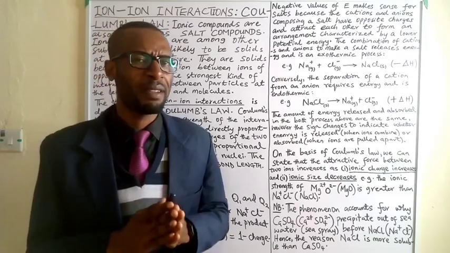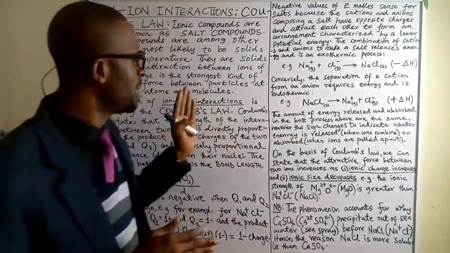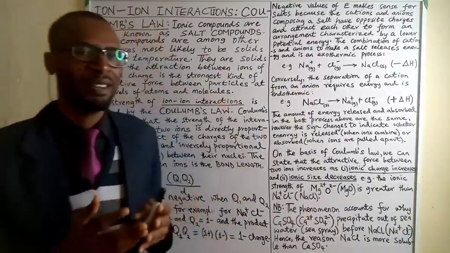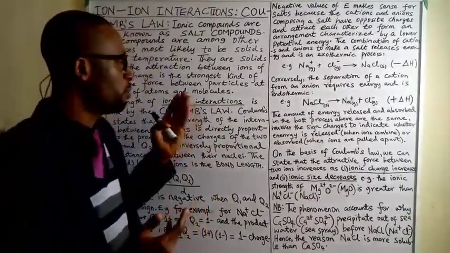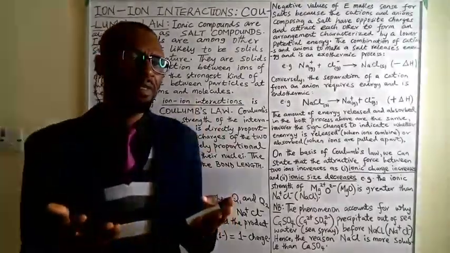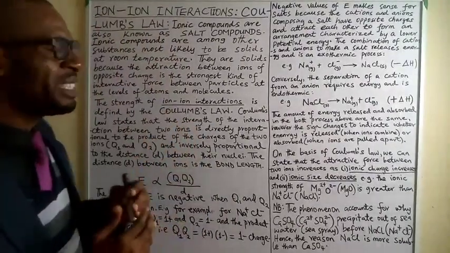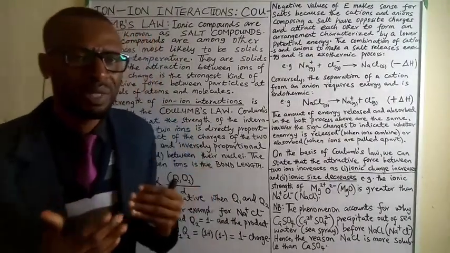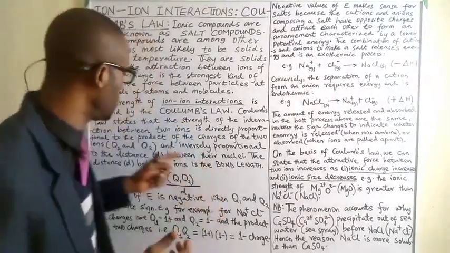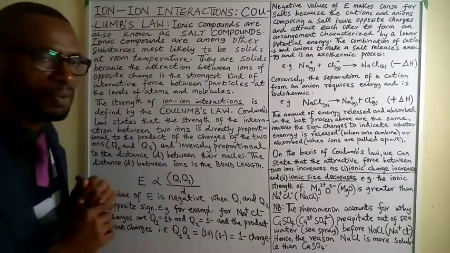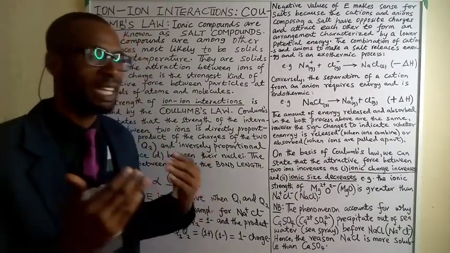I believe it's clear. Again, the strength of ion-to-ion interactions is described using what we call Coulomb's law. According to Coulomb's law, the strength of the interaction between two ions is directly proportional to the product of their charges, which we denote as Q1 and Q2, and inversely proportional to the distance between their nuclei.